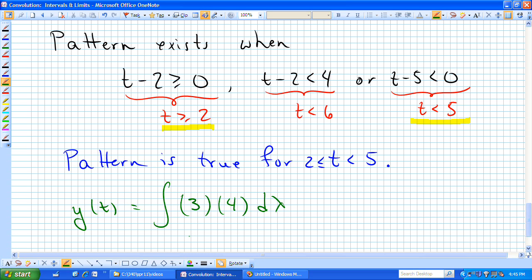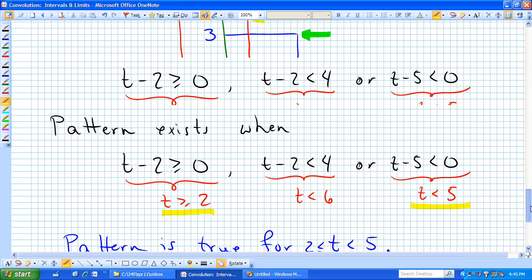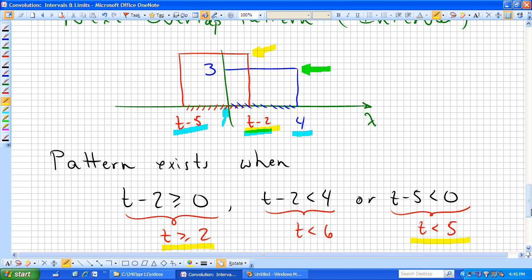What we now need are these limits of integration, and we go back to our overlap pattern picture, and we see that the lower limit of integration is that left point, which is actually lambda equal to 0, and this point, which is t minus 2. That's our upper limit of integration, and that's the interval where we have both the red crosshatch and the blue crosshatch touching each other.